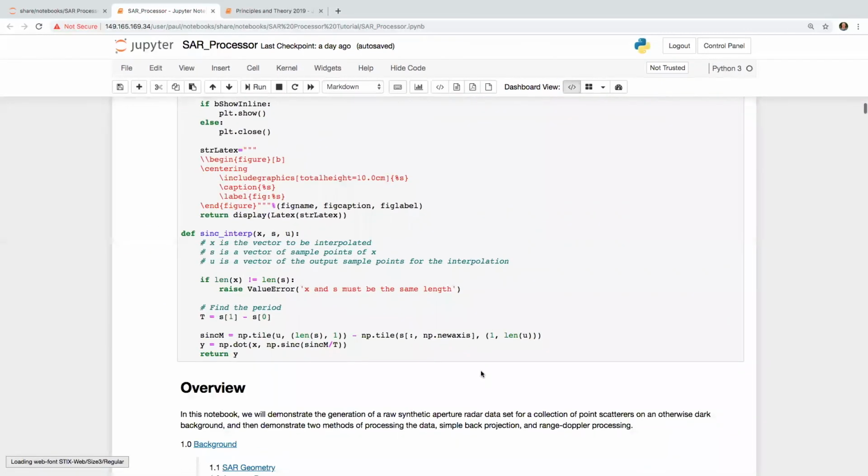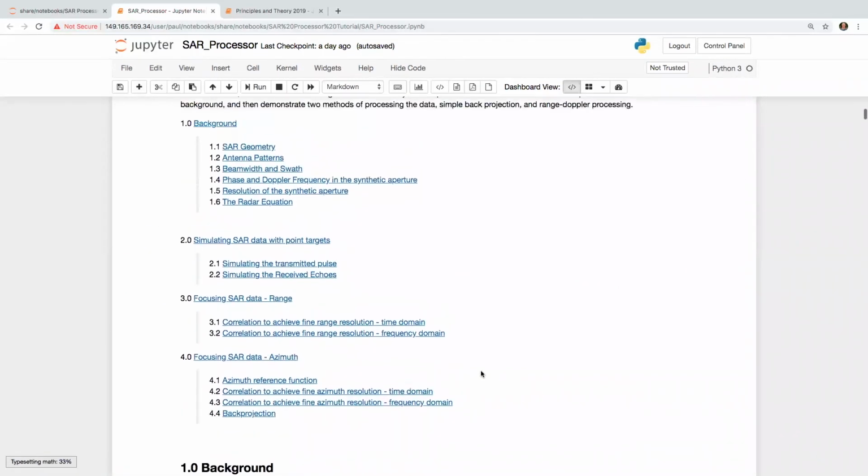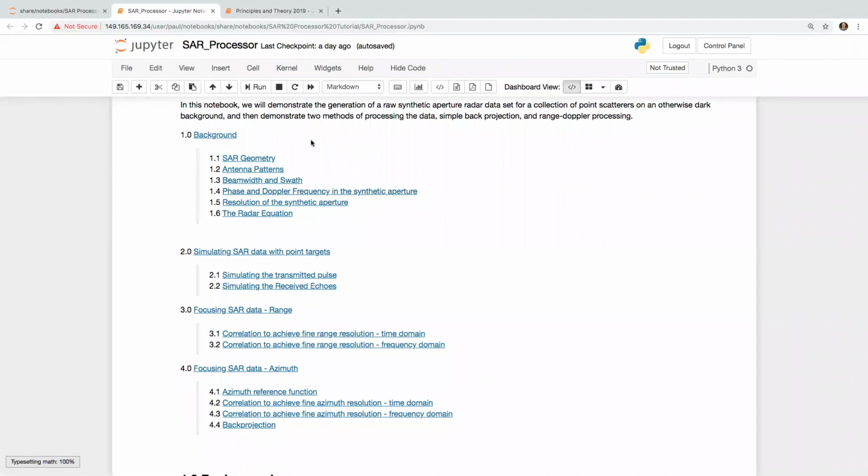But what this does, I'll just go over the outline here. I was very proud of myself for figuring out how to link. You can click on any one of these things and it'll go down to the right spot in the notebook, so you don't have to scroll through the whole thing. Anyway, it talks about the background, the SAR geometry, antenna patterns. So if you're confused about this beam width stuff I just described, you can learn a little bit more about the beam width and the swath width and their relationship to the antenna patterns.